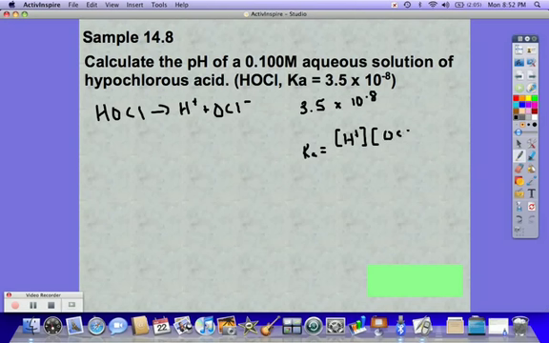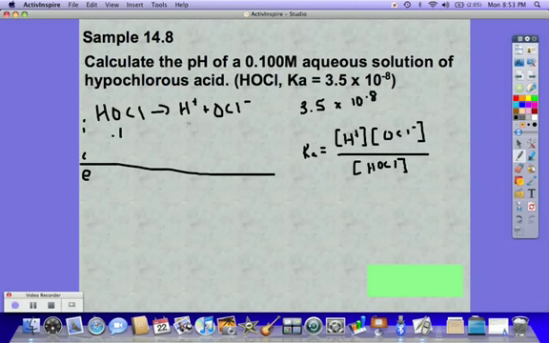And so I know the steps are tedious, but walk through all the steps because it'll save you from messing up. And on the AP test, you'll usually get points for these steps that may feel monotonous, but just do them anyway. So our initial concentration is 0.1, 0 of everything else, minus x, plus x, plus x.